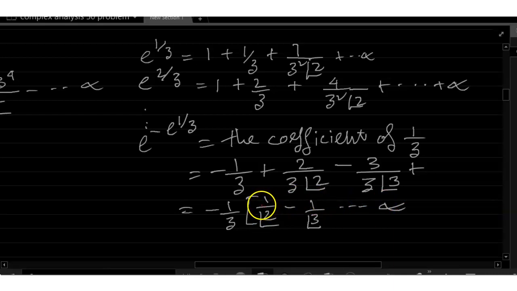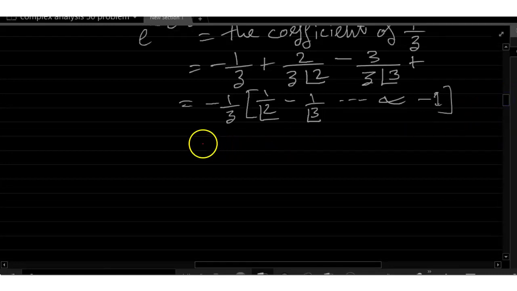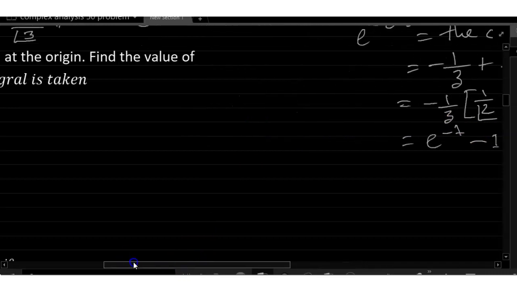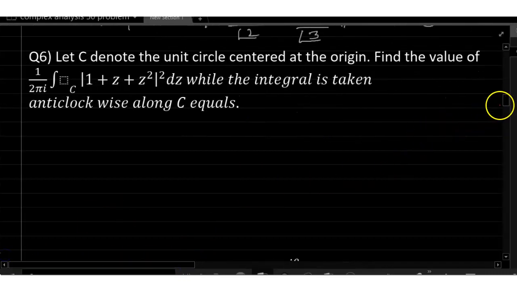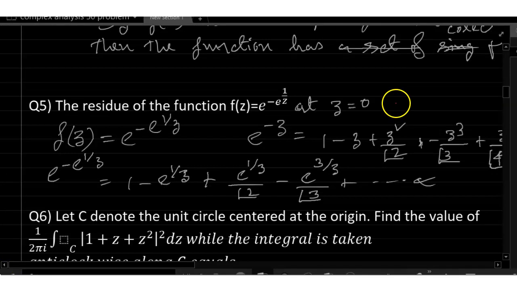So we can write this way, minus 1, and after that this equation can be written as e^(-1) up to minus 1. So my answer is coming in here. This answer is e^(e^(-1) - 1). This is my total answer.